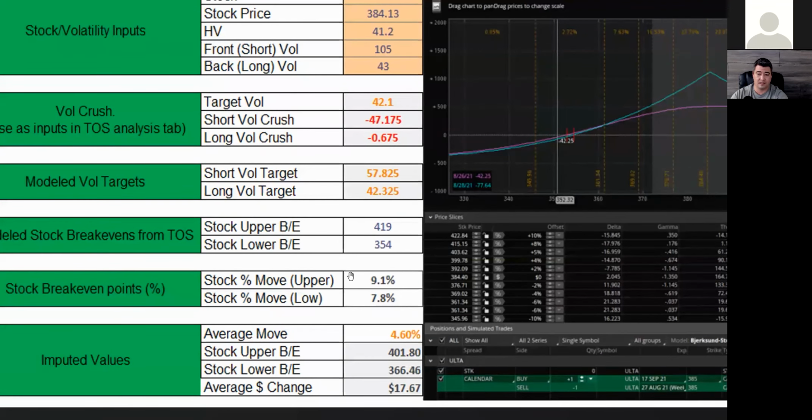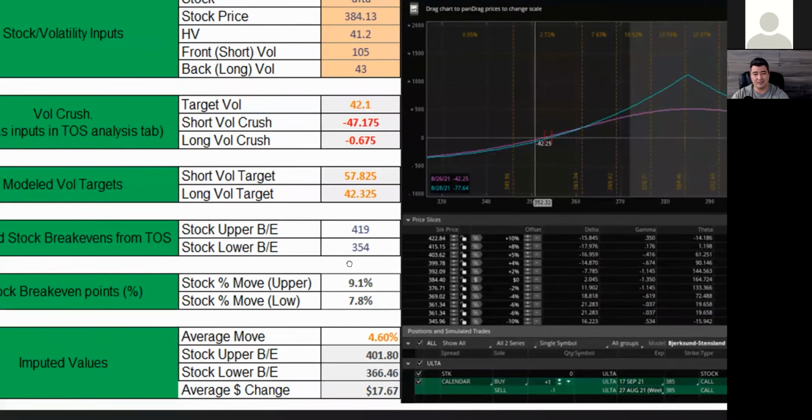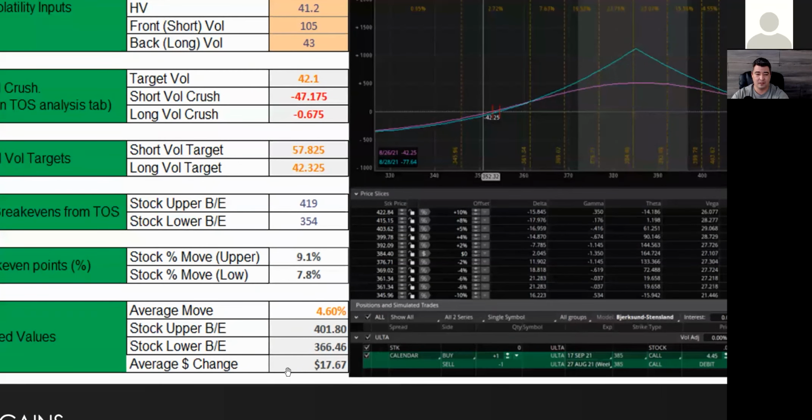We knew that the stock could actually move up 9% or down almost 8%. We knew that we would make money if the stock went as high as 419, or as low as 350. That's like a $70 move, 60 something dollar move. The average move is $17. It's like double, triple almost. That's the situation that we're going to see. And those are the ones that we're going to be looking for.